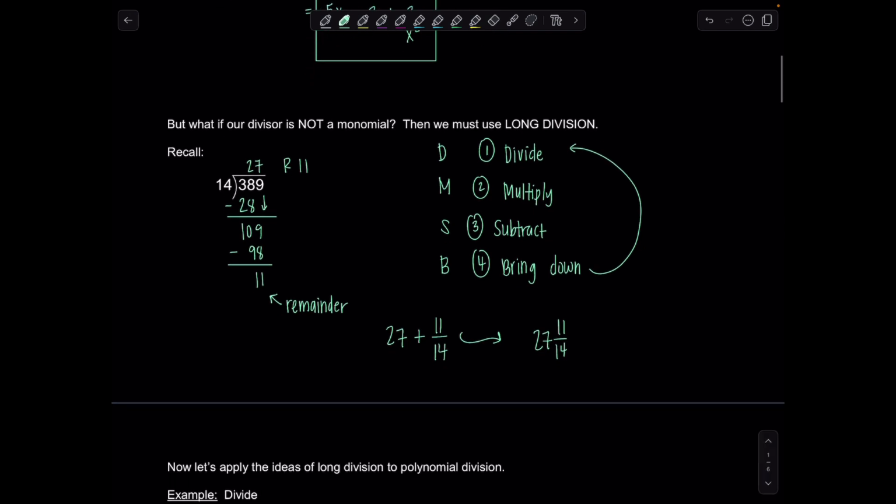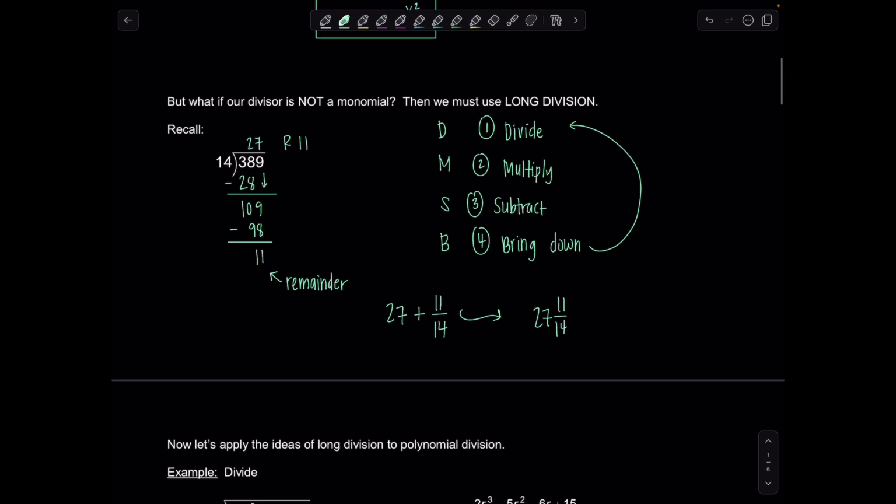Good. Just to get some notation under control. The stuff that you're dividing into, underneath the division sign, this is the dividend. The thing that's doing the dividing is your divisor. Up top here is our quotient.